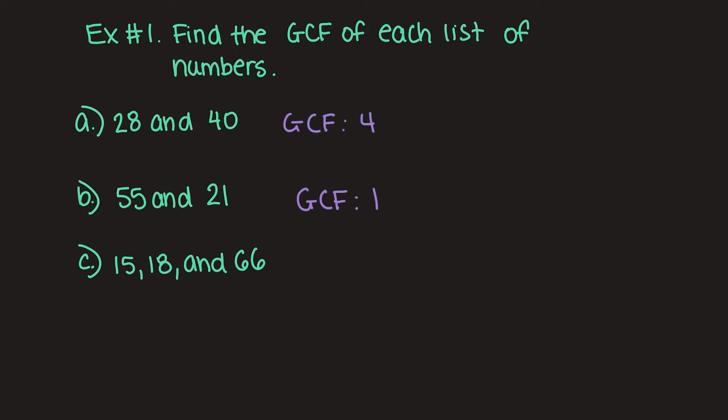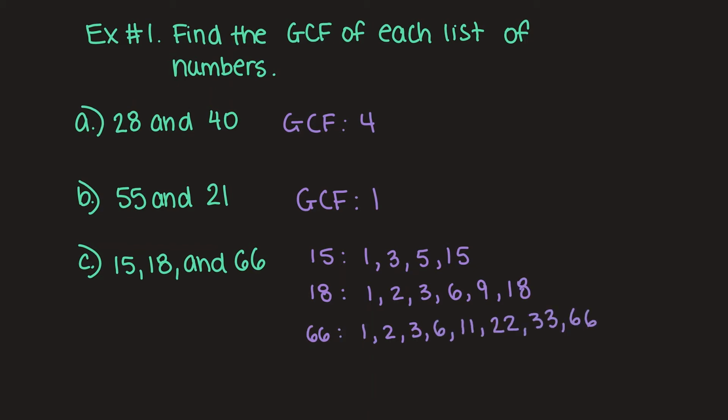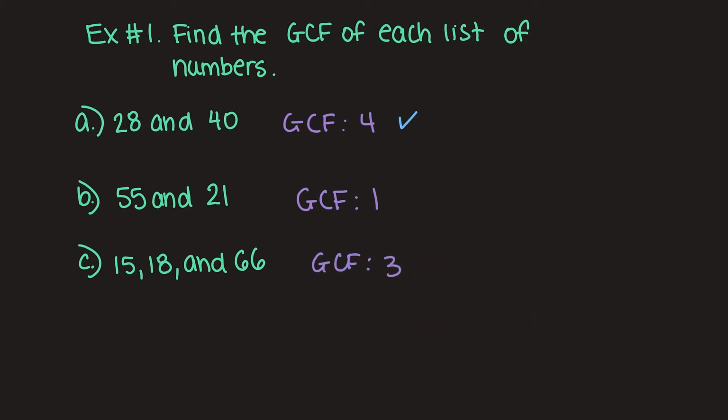And the same process applies for a list of 3 numbers. We list out the factors of 15, 18, and 66, and the greatest factor that they have in common is 3. So the GCF of 15, 18, and 66 is 3.